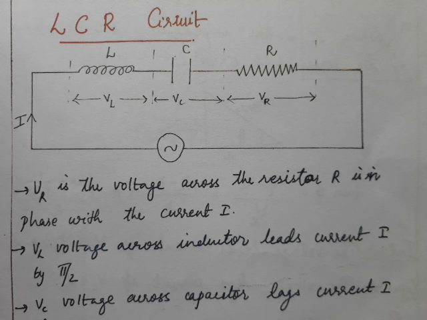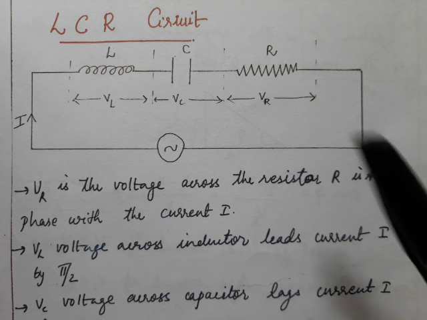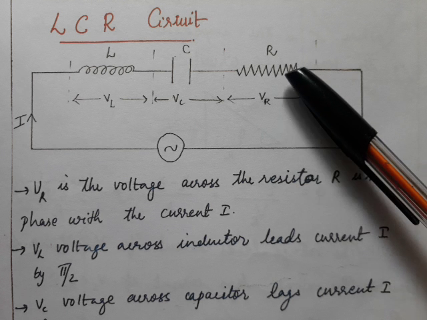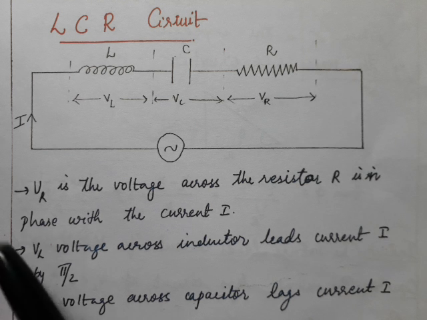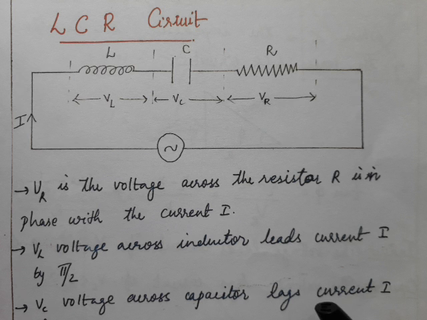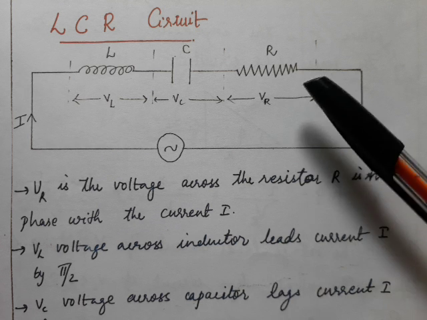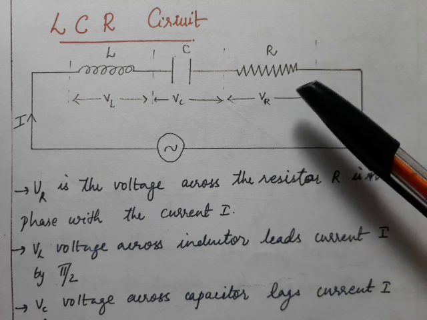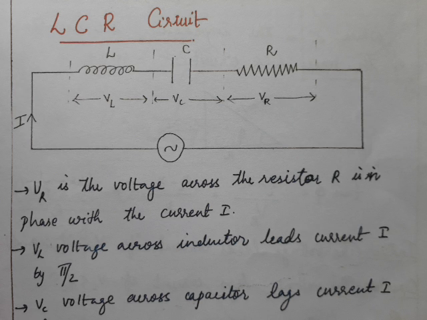So remember the relationship between current and voltage. For example, consider R as a resistor here, VR is the voltage across the resistor, and the current is I. We know current and voltage are in phase in a resistor circuit.